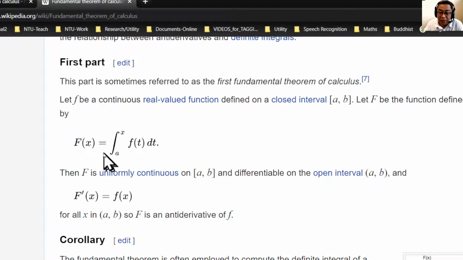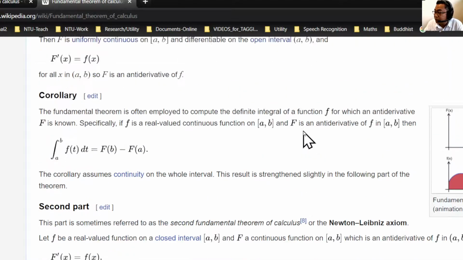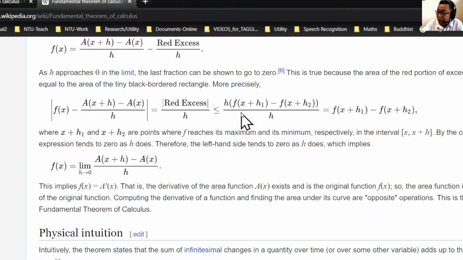Capital F of x is the integral from a to x of f of t dt, where this x will be replaced into the small t here to give you capital F of x. So what is F of x? F of x is simply the antiderivative of f of t, or should I say, the derivative of F of x is equal to f of t. This is the fundamental theorem of calculus. So you can pull it up and see it here.